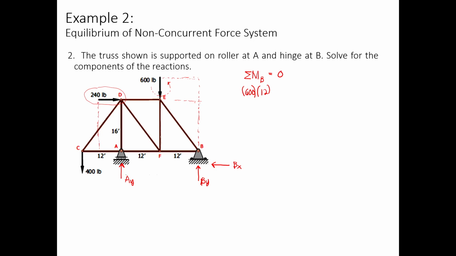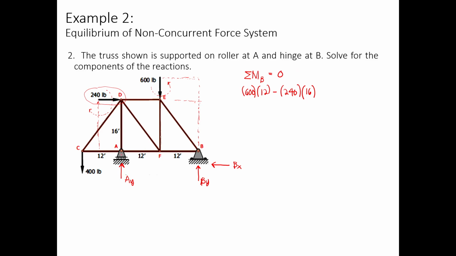If we push the force against the tail, the rotation is clockwise, so it is a negative value. We're going to have minus 240 times 16 feet.